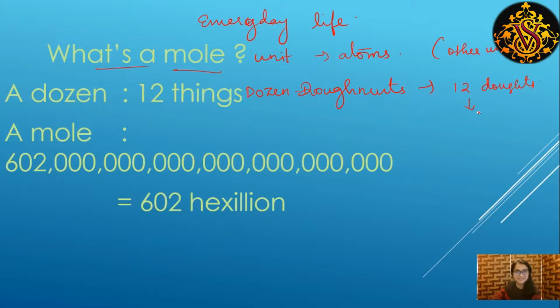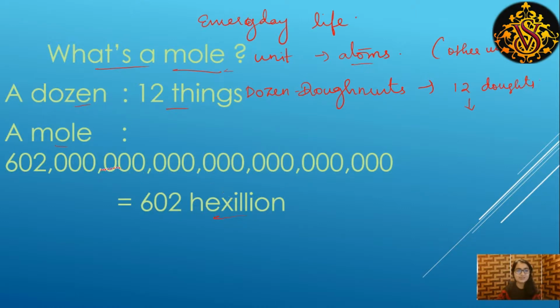So that is the thing. A mole is a unit used to talk about atoms, the same as a dozen. A dozen has 12 things; like that, a mole has 602 hexillion.